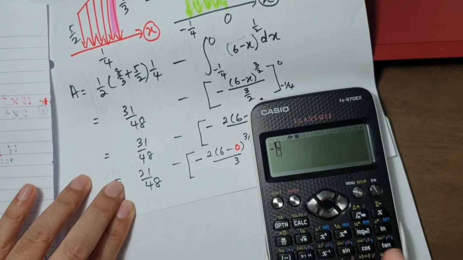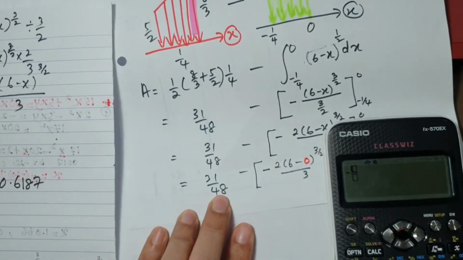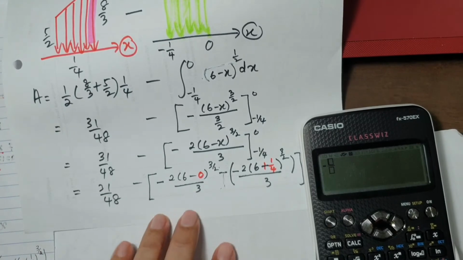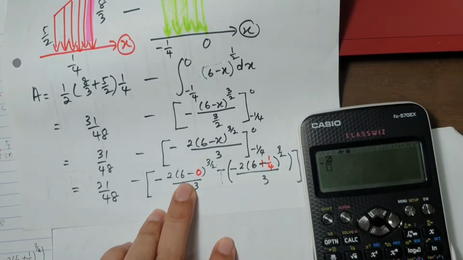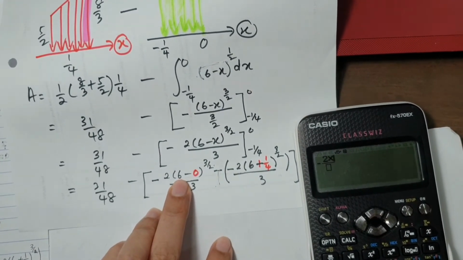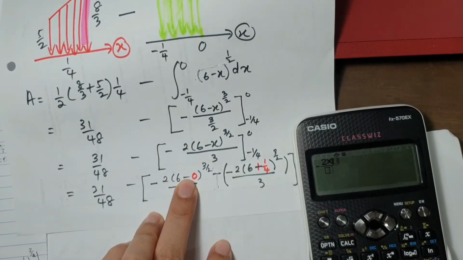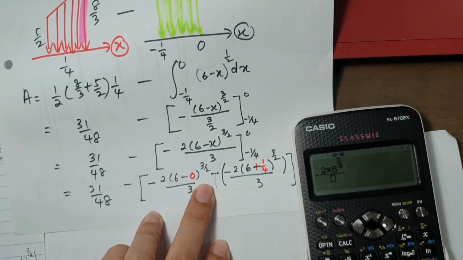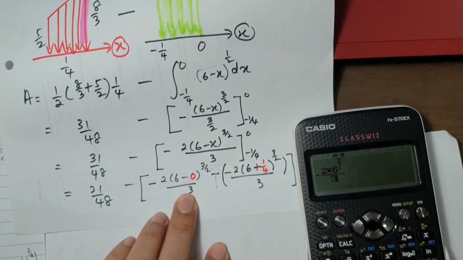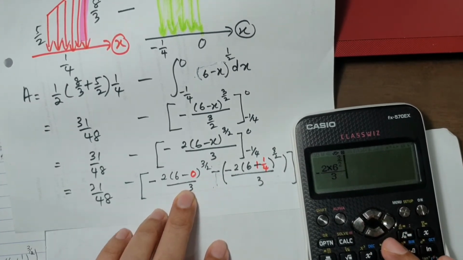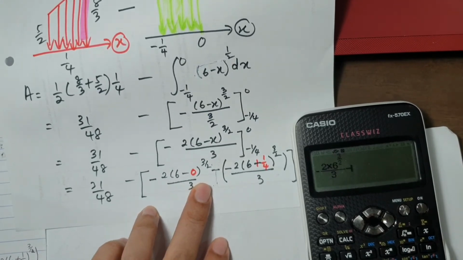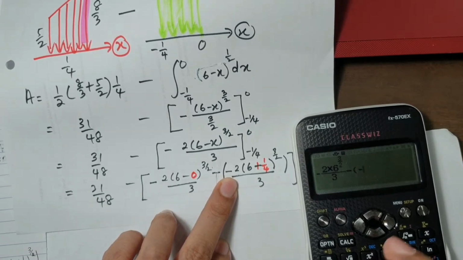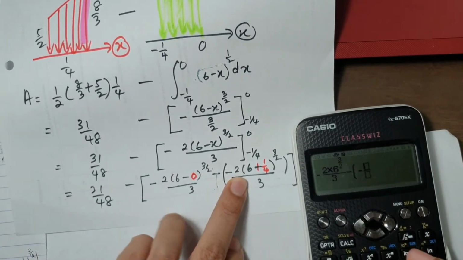Negative, so you ada fraction. Okay, 2 times 6 minus 0 is 6. 6 power of 3 over 2 over 3. Okay, dah. Minus, open bracket, negative fraction 2.